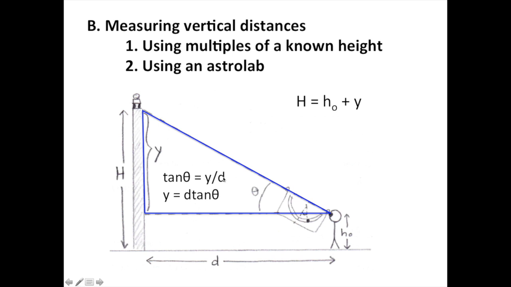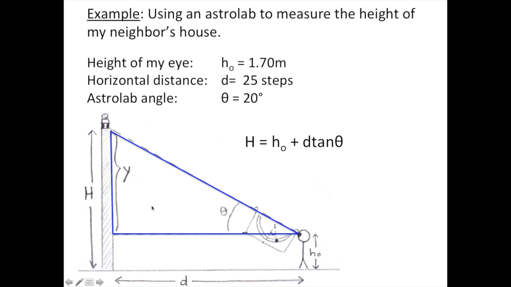And solving that for y, we get y equals d tangent theta. And now we're going to substitute this expression for y into our equation for the height of the object. So the height of the object is the height of the person's eye plus y, which is d tangent theta.